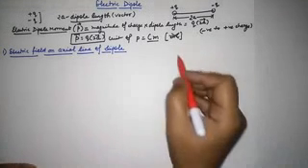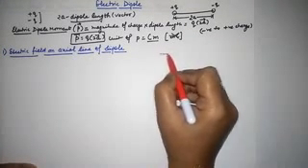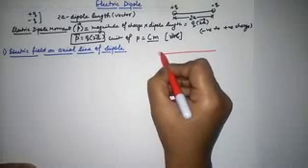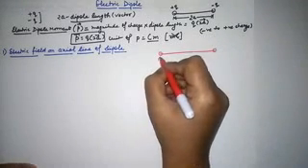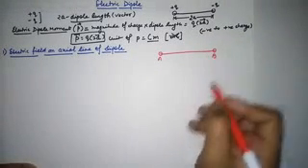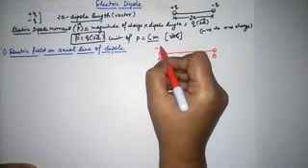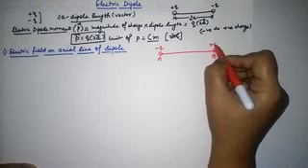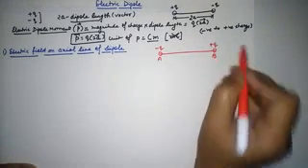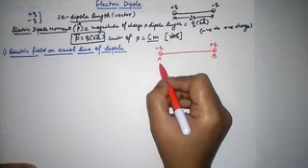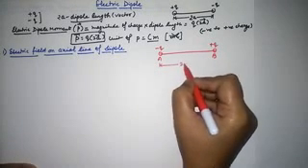Now suppose we have an electric dipole AB, having charges plus Q and minus Q. Suppose this is minus Q, here we have plus Q. And what is the dipole length? Dipole length is taken as 2a.